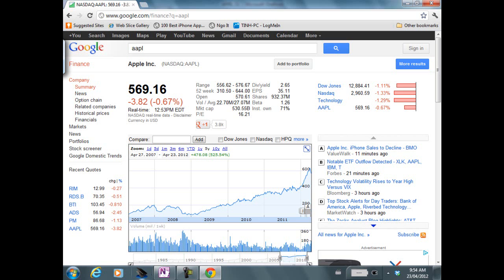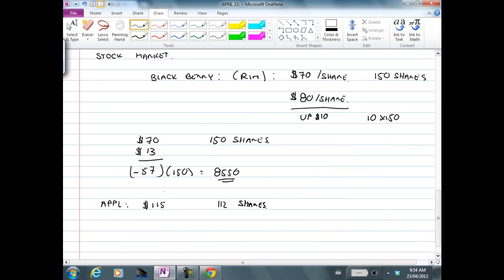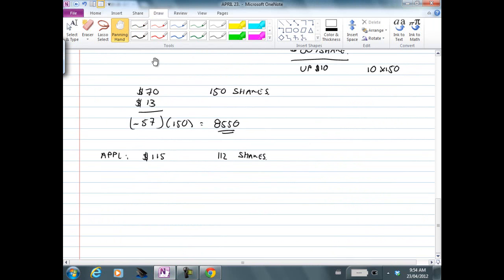So how much money did I make from Apple? Calculate for me. I bought it at $115 per share. It's $569 right now, as you can see. How much did I profit? This is one of those, you win some, you lose some.